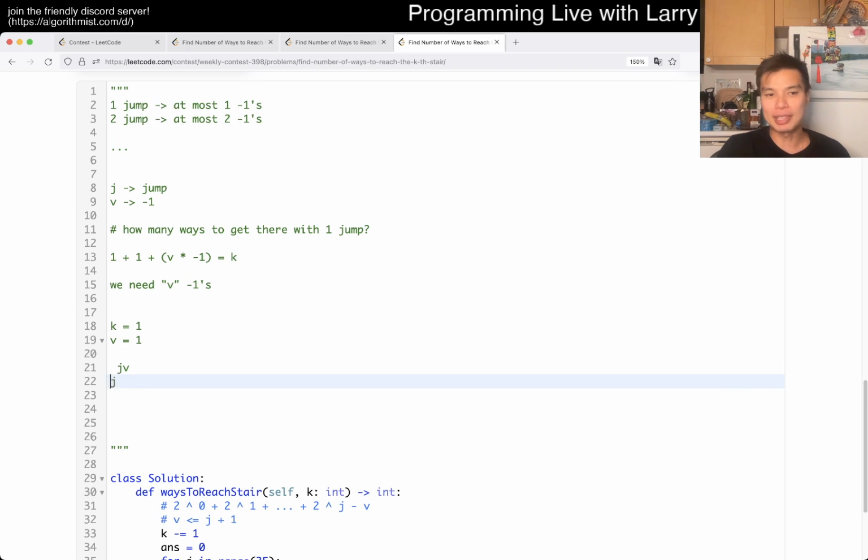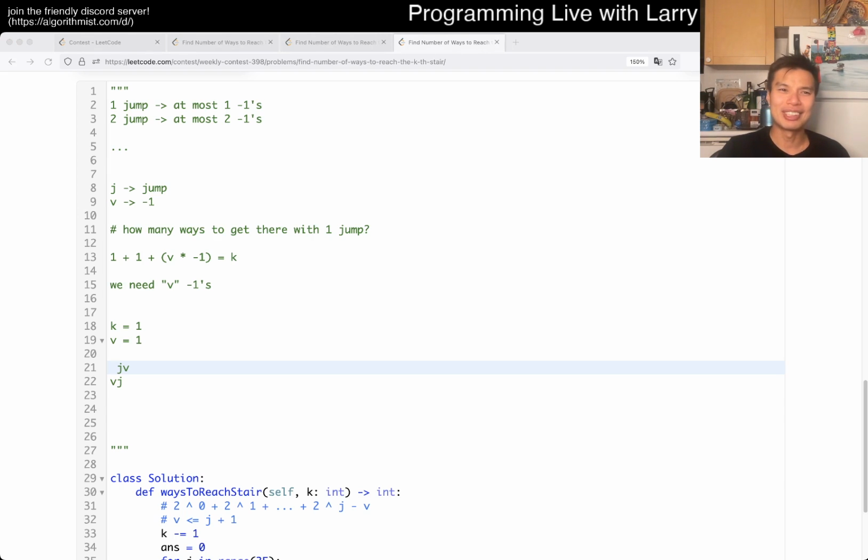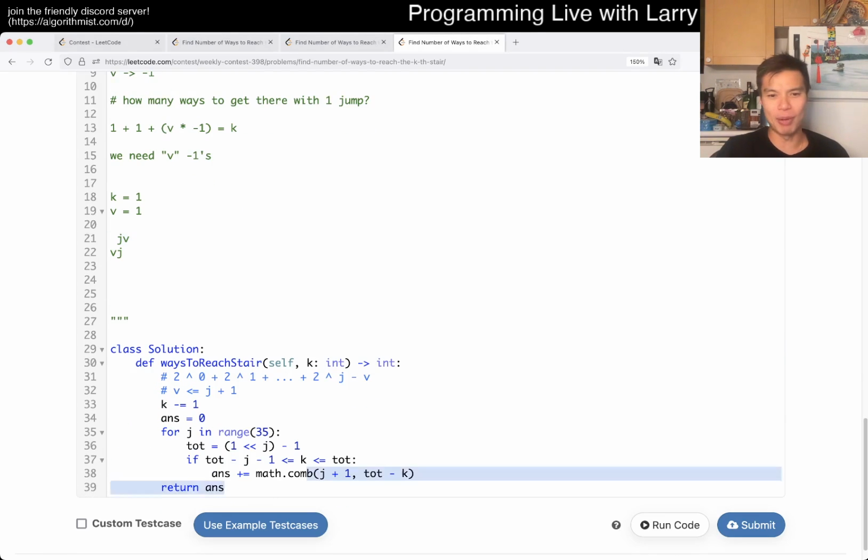So it becomes, what do they call it? Stars and bars. Yeah, now you get stars and bars, right? And that's where this formula comes from.